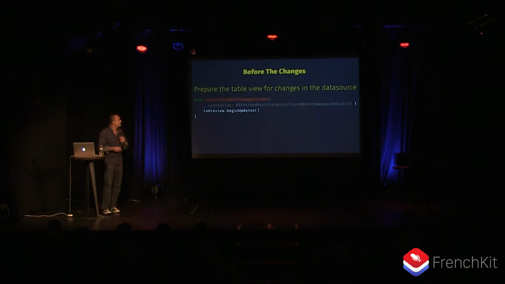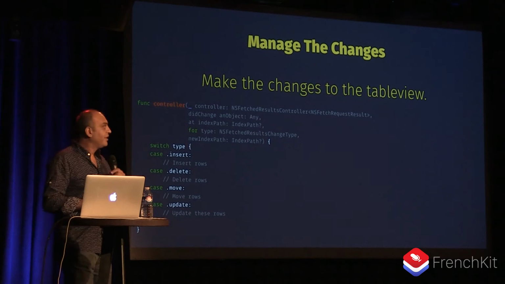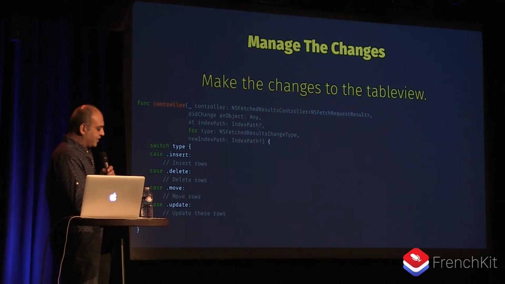I use it quite a lot, but here's a little bit of pseudocode. So basically, the NSFetchedResultsController has a delegate method, which is told when it will change objects in the context. And all you need to do then is say, tableView beginUpdates, so it's ready for the changes. And then it says, these are the objects I changed.